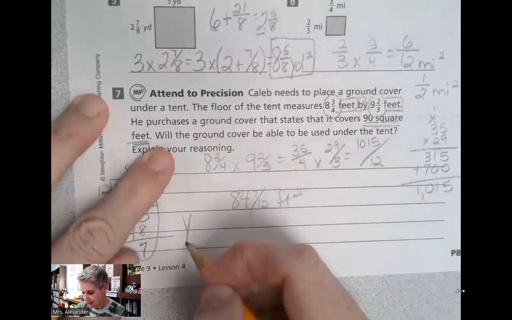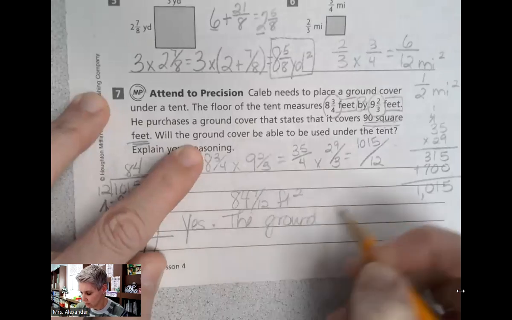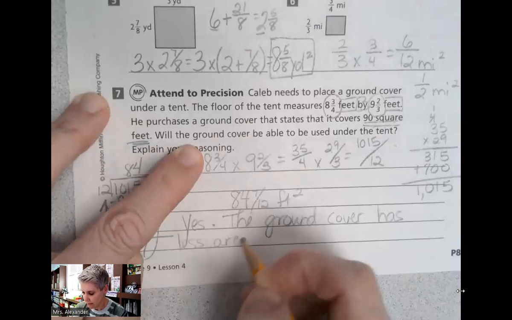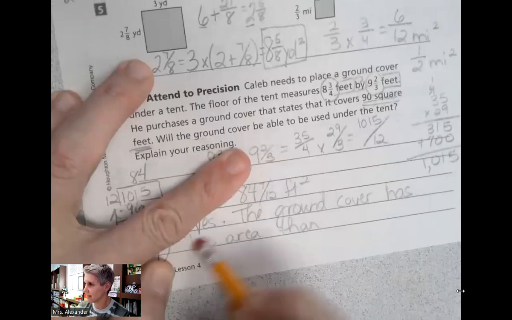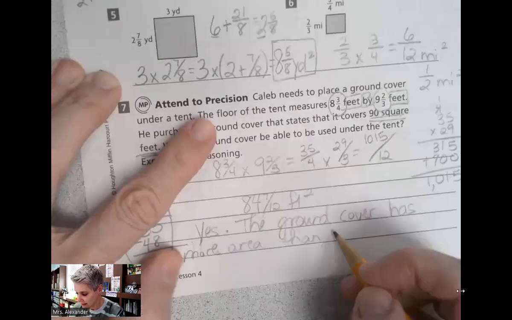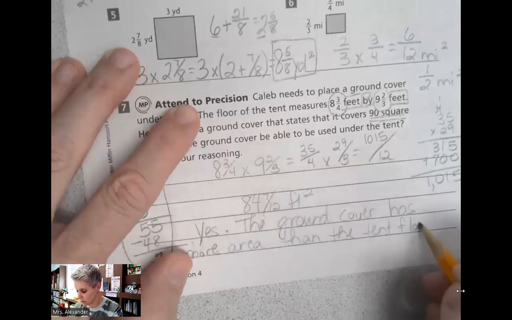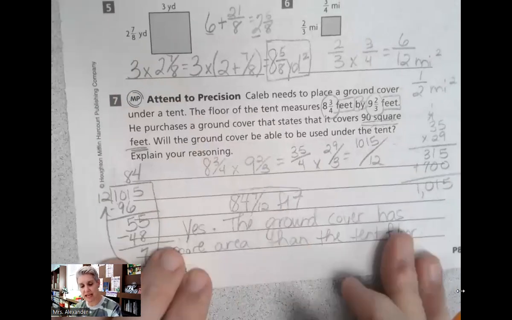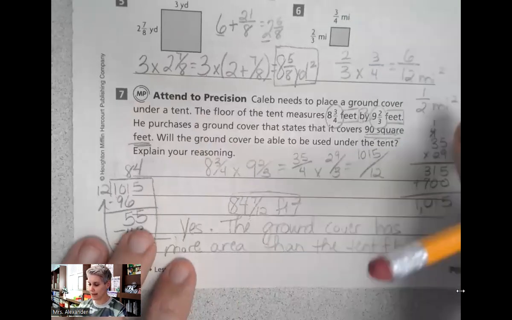The ground cover has more area than the tent floor. Yes, so it would be enough because 84 and 7/12 is less than 90 square feet. All right, that wasn't so bad.